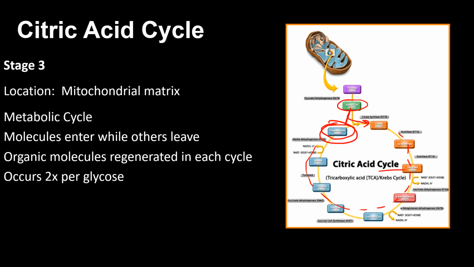That's why it's called the cycle, right? Oh, as a side note, sometimes the citric acid cycle is also called the TCA cycle for tricarboxylic acid cycle. Okay. All right, so another thing to keep in mind is that this occurs 2 times per 1 glucose molecule.